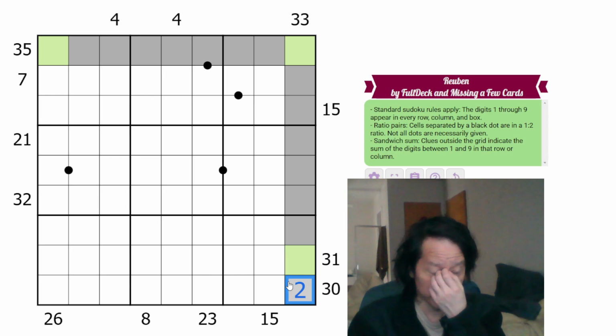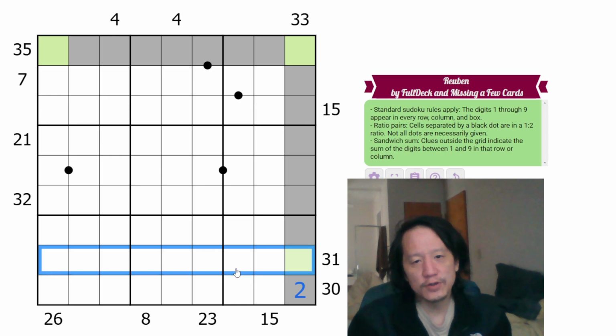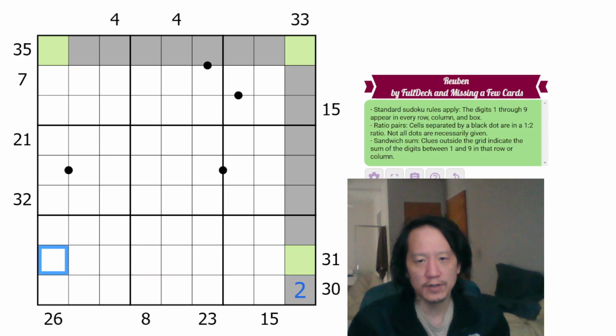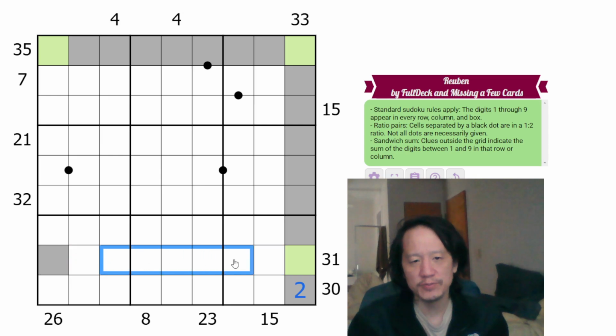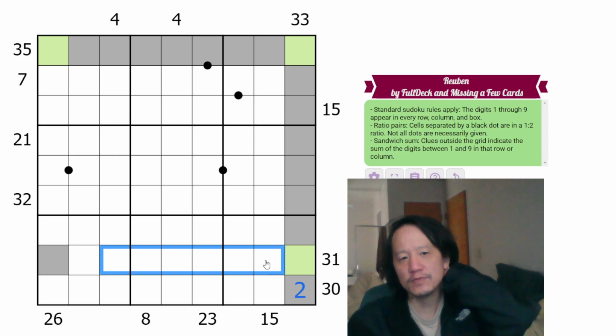Since this is 2, now look at the 31. Similarly, you have 35 in between normally if you include everything. So this can't be the 1 or 9. But this one, what can you take out that makes what's in between add up to 31? The only one you can remove is specifically a 4.